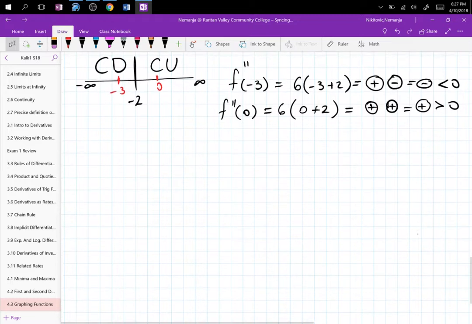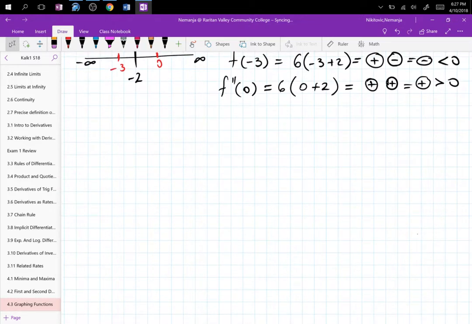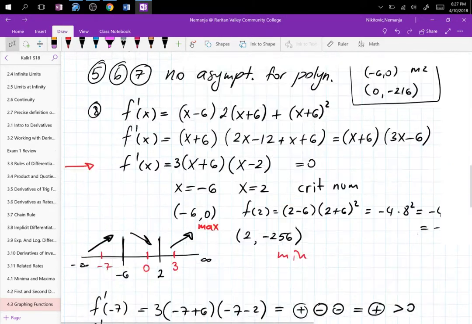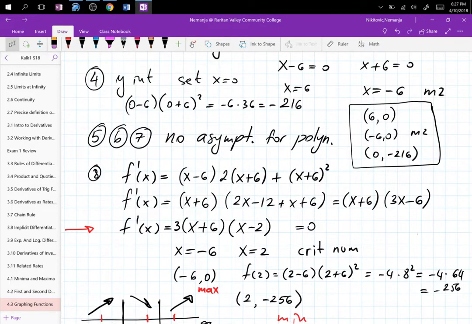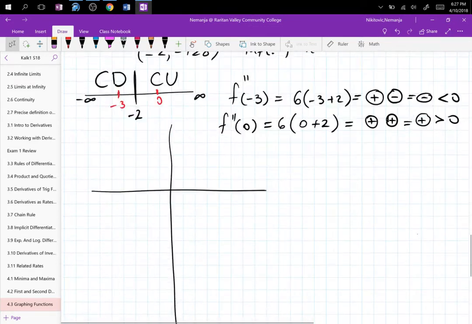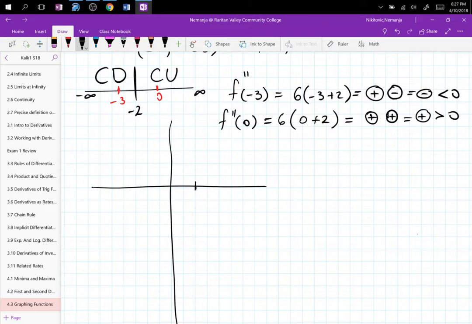Now, the issue with this graph, obviously, is that we have a lot of very negative points. So what's the most negative on y? Negative 256? Negative 256. Okay, so I'll have two different scales.